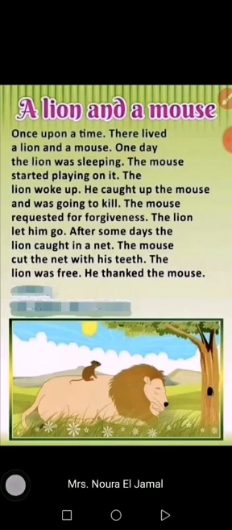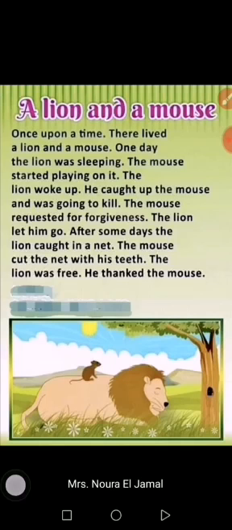And was going to kill. The mouse requested forgiveness. The lion let him go. After some days, the lion was caught in a net. The mouse cut the net with his teeth. The lion was free. He thanked the mouse.